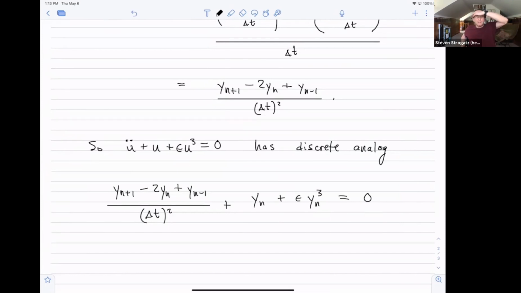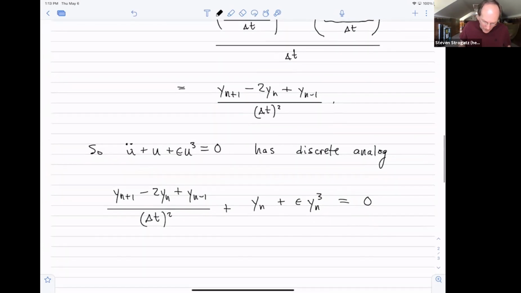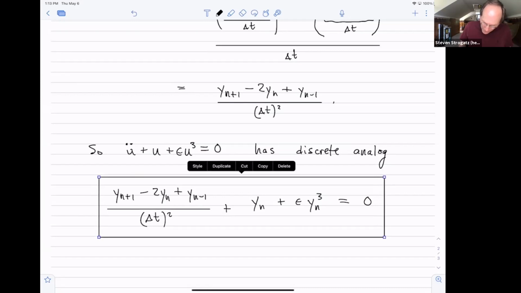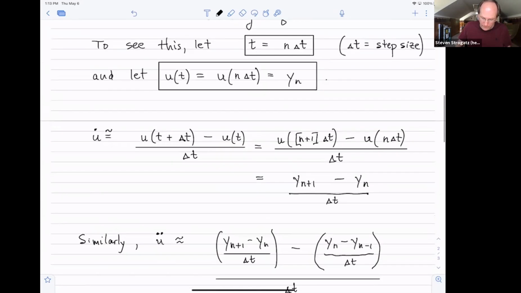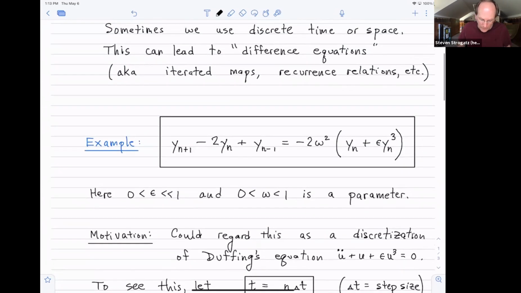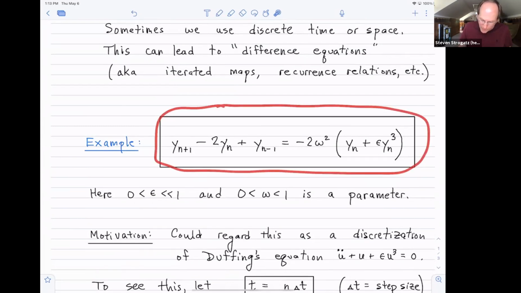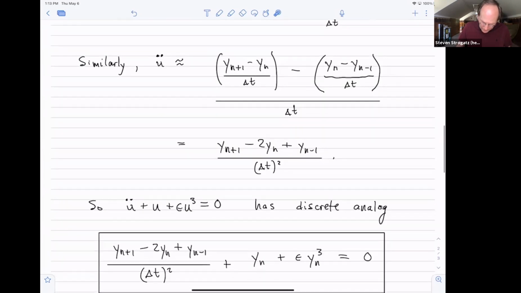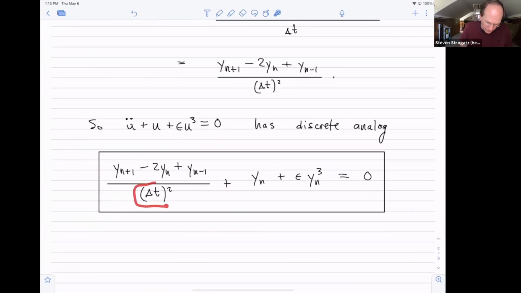And if you rewrite that suitably, well, compare this equation with what I have way up here at the beginning. You see that they're the same thing, except that this quantity, minus 2 omega squared, the role of that is being played by, if I multiply across by this delta t squared, put it in here.